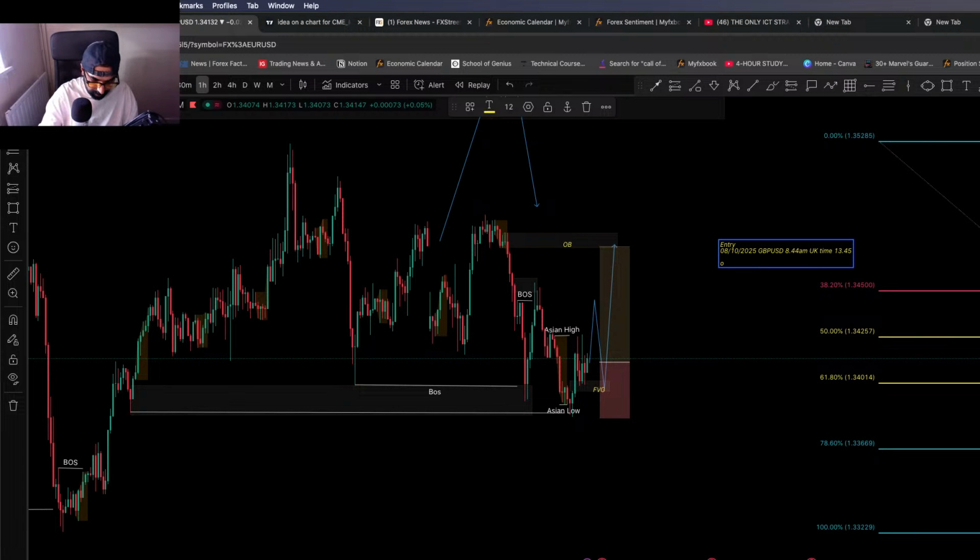OB taken out, BOS broken, Asian lows taken, fib 61.8.